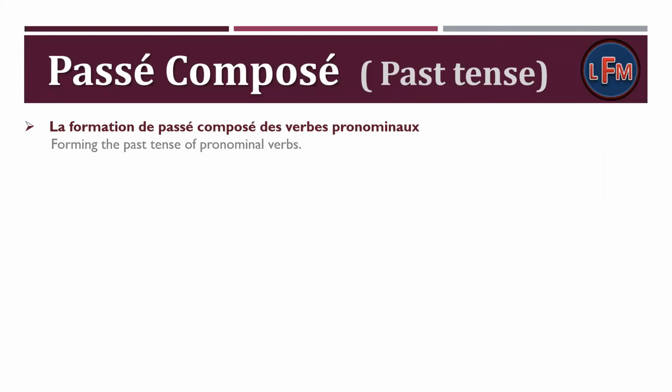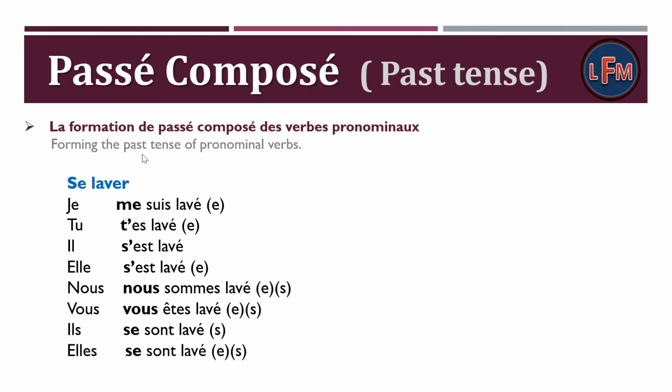Now let's see how to form the past tense of pronominal verbs. La formation du passé composé des verbes pronominaux. As I said, all those 17 verbs and all the pronominal verbs go with être. Let's take an example. Se laver.